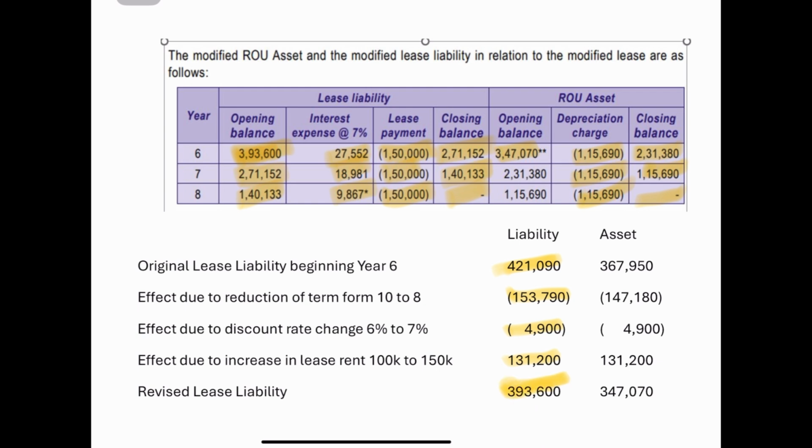So your revised ROU liability will become 393,600. Similarly, ROU asset 367,950, and the effect of reduction from 10 to 8 years 147,180, and then the effect of interest rate change is 4,900, and the effect of increase in rent from 100 to 150k is 131,200. So your revised ROU asset is 347,070. That's what we are taking here.